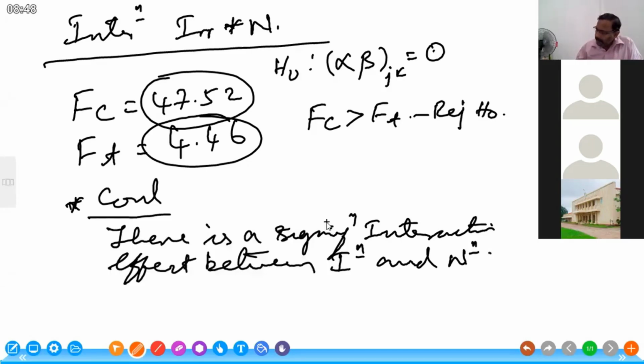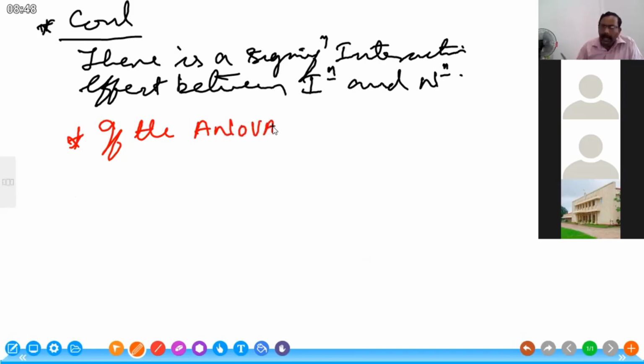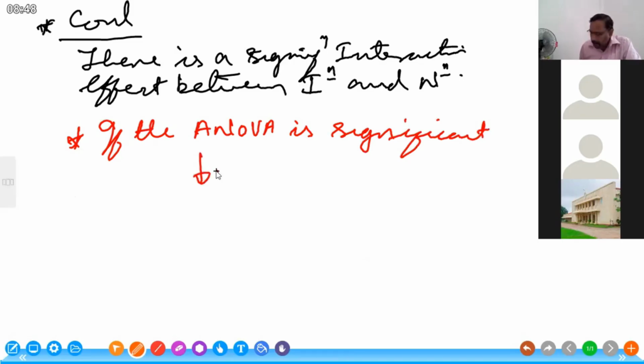If the ANOVA is significant, depending on what component we are testing, what is next? We need to go for mean separation.